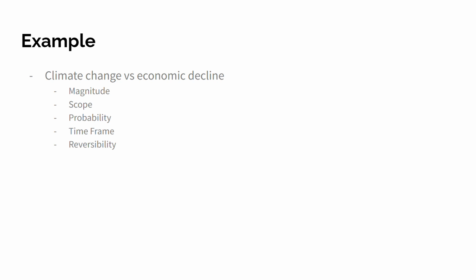You can also use scope in this example. Climate change impacts everyone, not only humans, but also wildlife, vegetation, plants, all these other forms of life, which outweighs on scope, because it's a much broader impact. It impacts the entire world, right? Because climate change occurs on a global level.